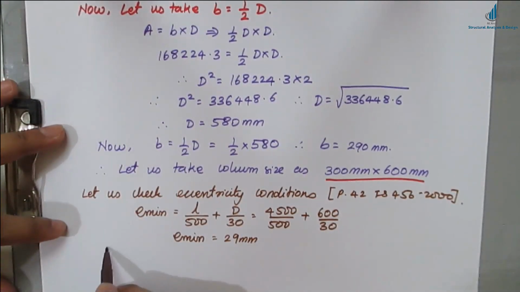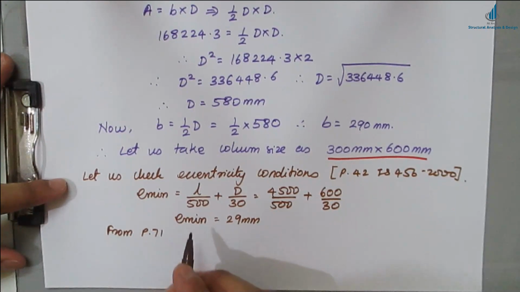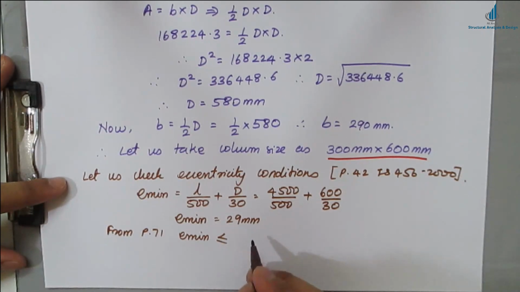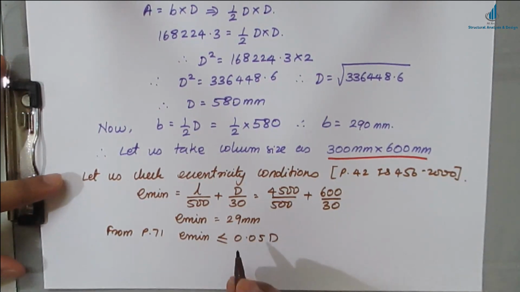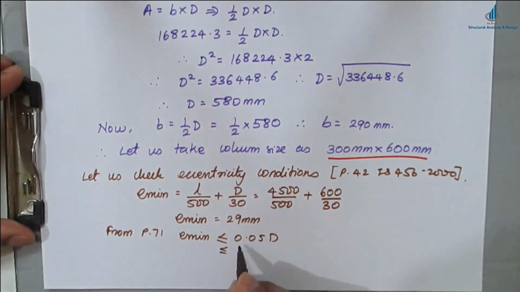From page 71, E minimum should not be greater than or equal to 0.05 times the lateral dimension. So we are just checking with this D. The E minimum should be 20. So we'll just check with this 0.05 times 600.